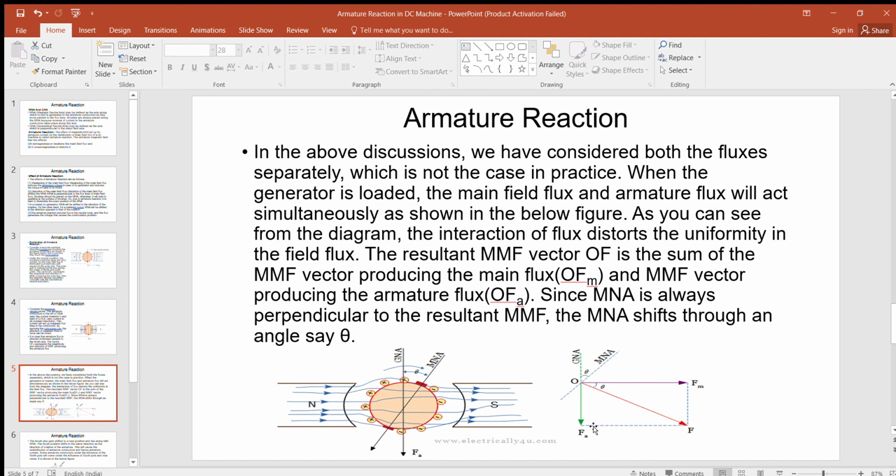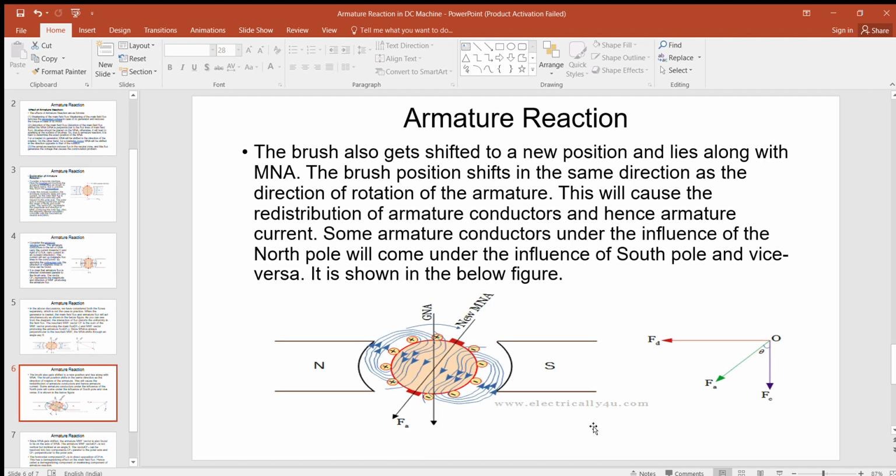Now in the next, here you see the brush also gets shifted to a new position and lies along the MNA. The brush position shifts in the same direction as the direction of rotation of the armature. This will cause the redistribution of armature conductors and hence armature current. Some armature conductors under the influence of the north pole will come under the influence of the south pole and vice versa.